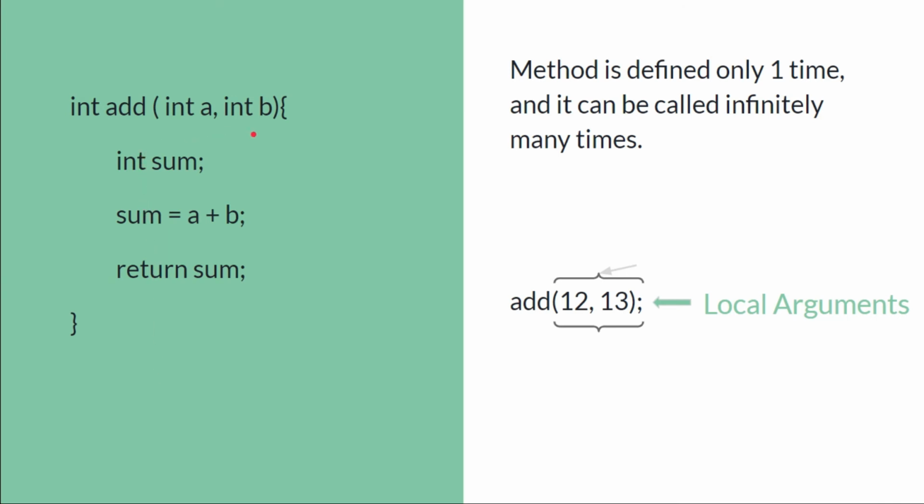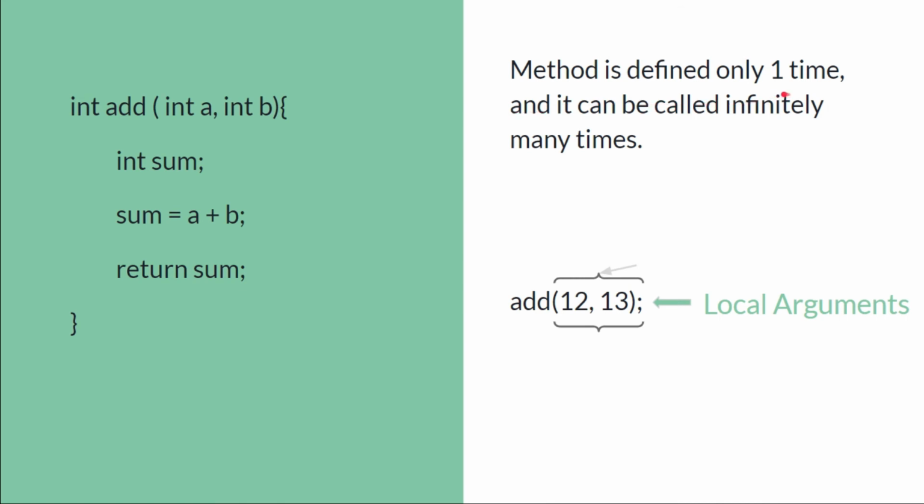The method name is add, and since we are making a method of adding two integers, we have taken two integers as the parameter body. This is our business logic or instructions. At last, we will return the value which we get after the processing of the inputs.